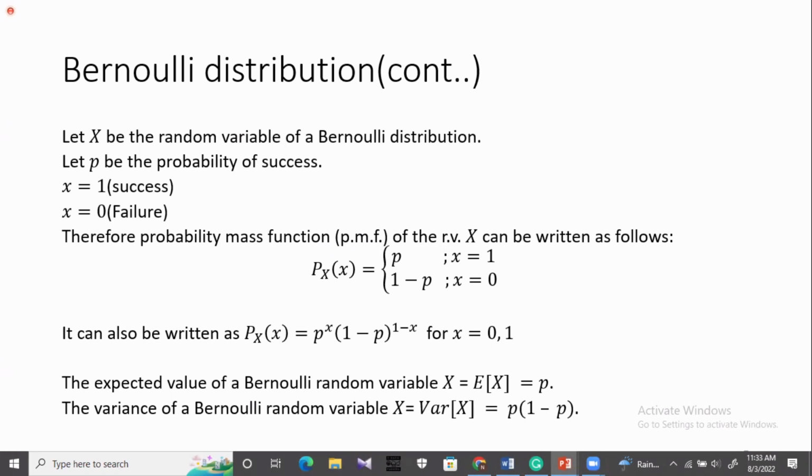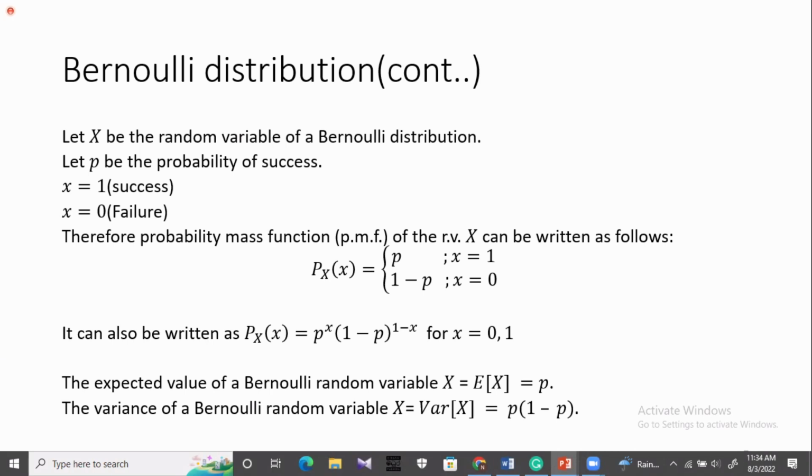You know, if we have a discrete random variable, we could find the probability mass function of that discrete random variable. So here we discuss the Bernoulli distribution.